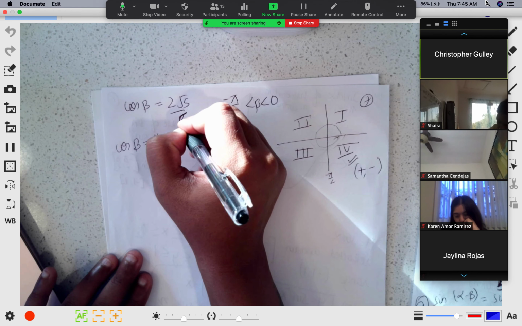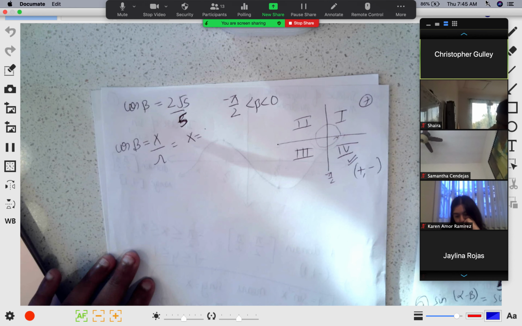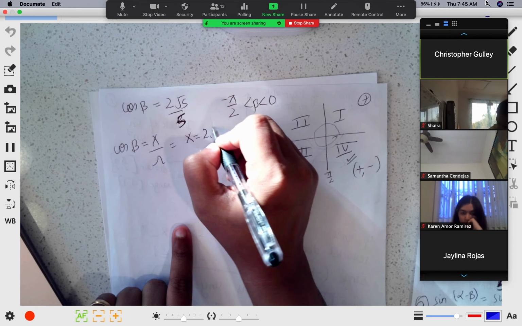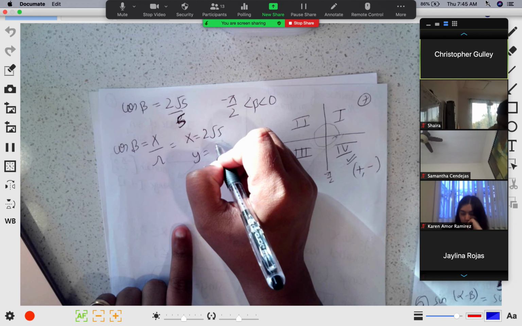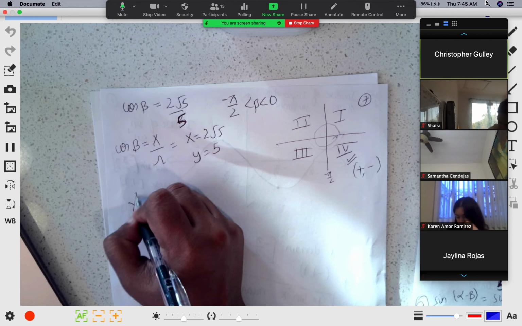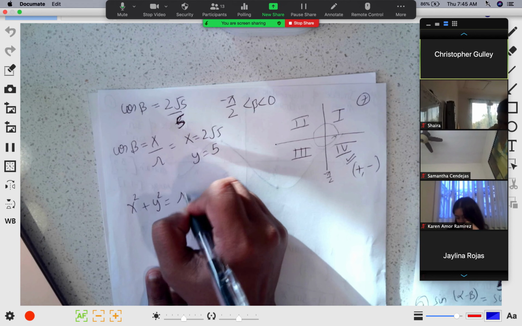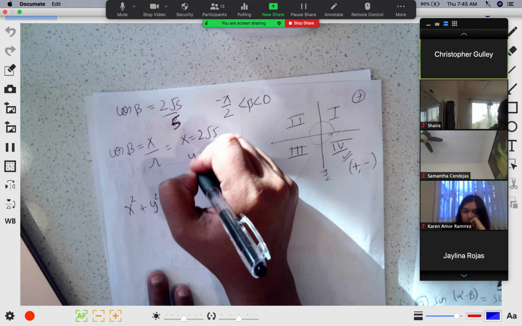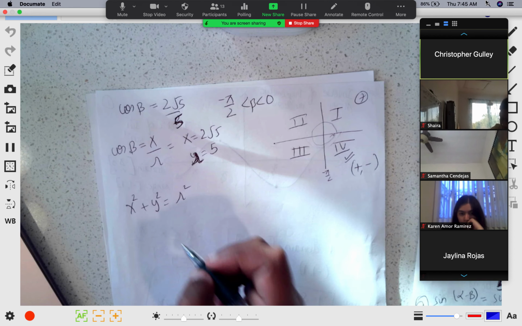So what's your x? Yeah, it's 2 root 5. And your r is 5. So let's find the value of y. Tell me.